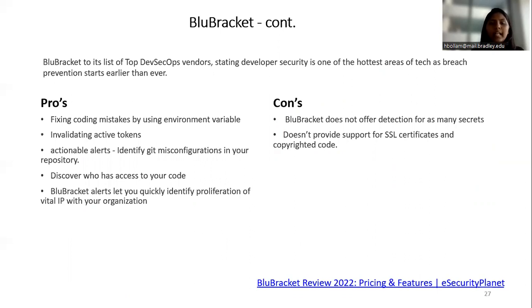One identifies if there is any misconfiguration in our GitHub account, and also it identifies if there are any vulnerabilities or glitches in our code, and it also tells us who is accessing our code. And coming to the cons, it doesn't support SSL certification or copyrighted code, and also Blue Bracket doesn't offer detection for as many secrets.